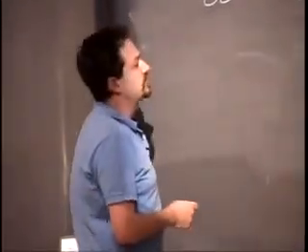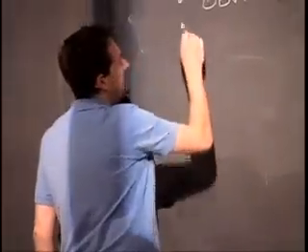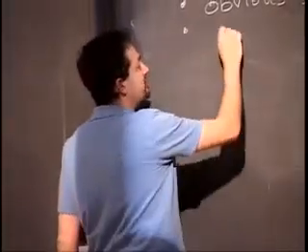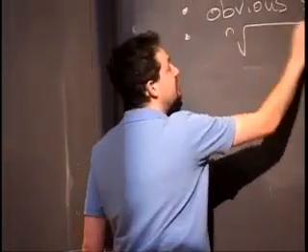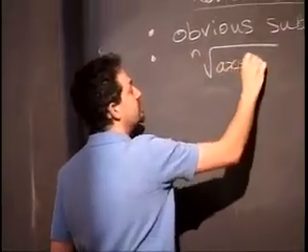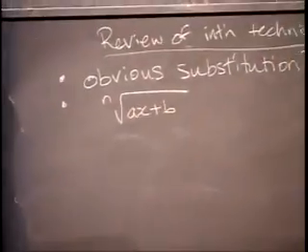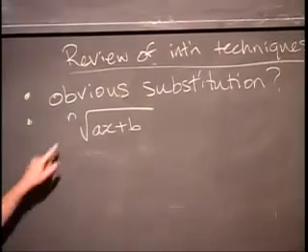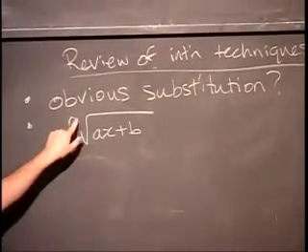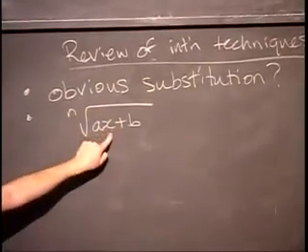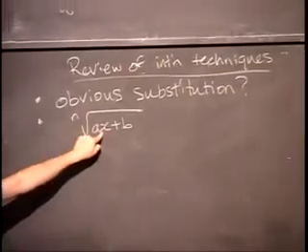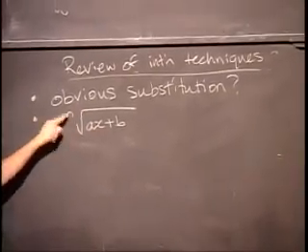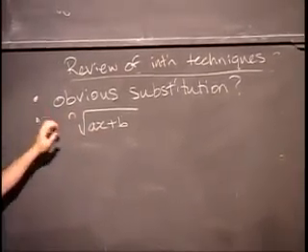Okay, one obvious substitution, though, in a way that may not seem so obvious, is if you have an nth root of a linear term like ax plus b, and I discussed this 2 weeks ago. Contrast this with the square root of a quadratic. This is the nth root of a linear thing, where n could be any number, 5th root, 7th root, 23rd root.